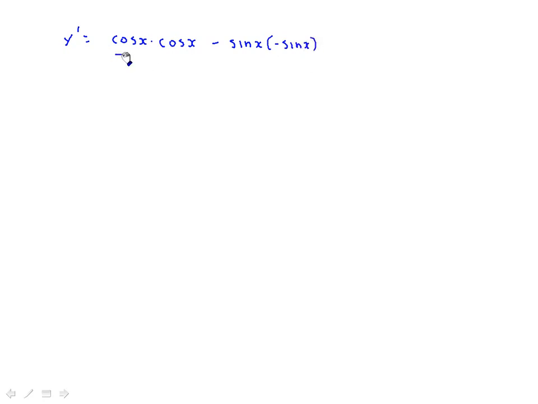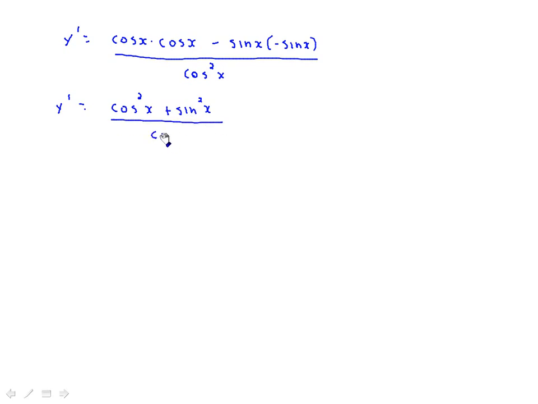All this is over v squared, which is cos x squared, so I'll write that as cos squared x. So therefore y prime is equal to cos squared x plus sine squared x, all over cos squared x.